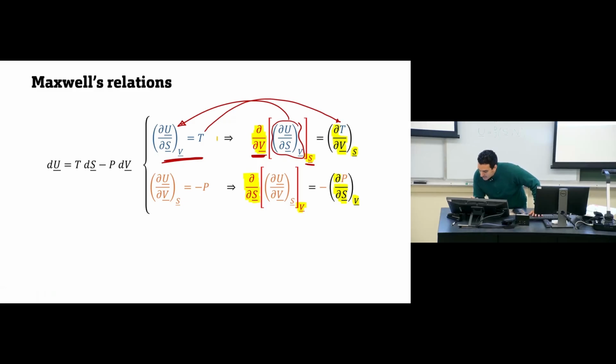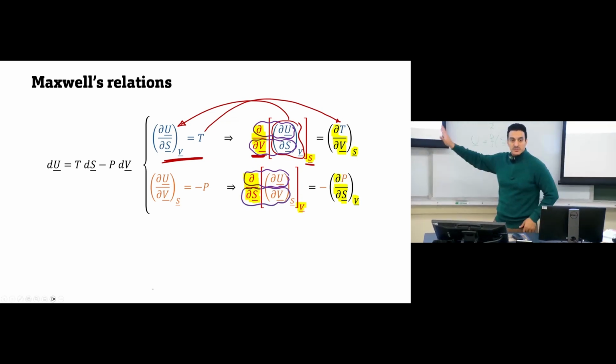Here I have dU, and here I have dU. Okay, here I have dV dS, and here I have dV dS.